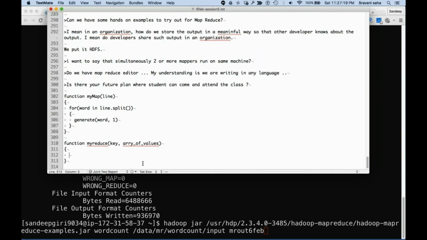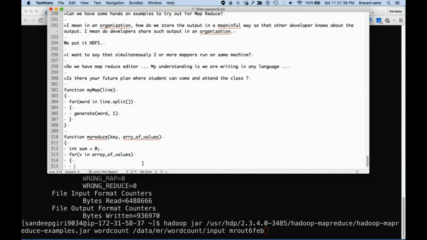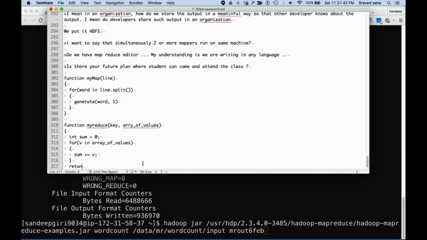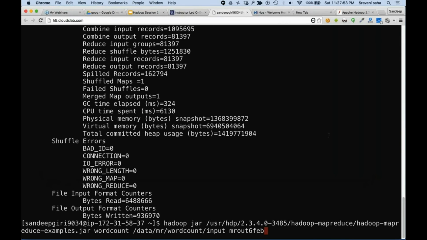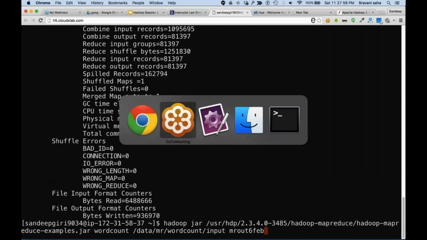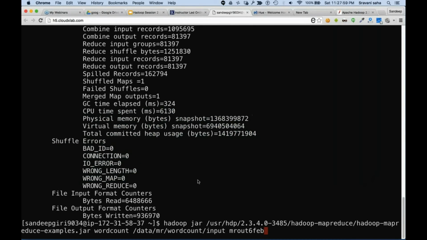So here we are saying int sum equals 0, and for value in array of values, I'm saying sum plus equals v. And then I'm saying return key comma sum. Okay, so you see that these are the two functions you have to define. All right, and that's the kind of thing that's happening right now.